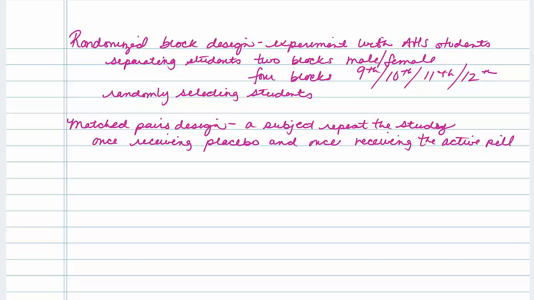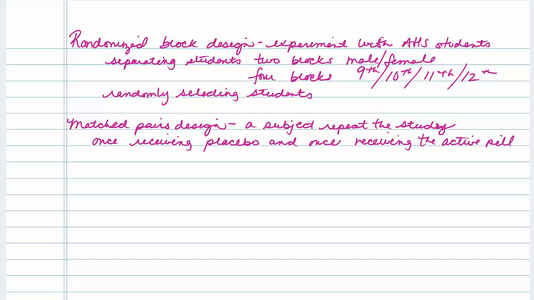And what this does is it takes out any other variable that goes into play. Because if the person was healthy already, then they're healthy taking the placebo, and they're healthy taking the active pill. If someone was unhealthy before, then you would see how their body was affected by the placebo, as well as how it was affected by the active pill.